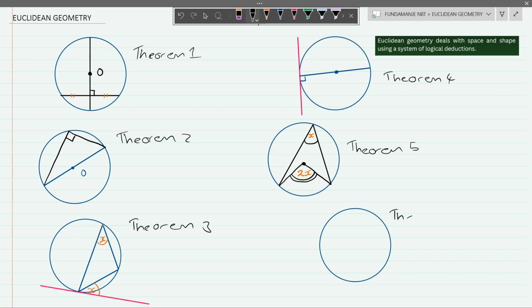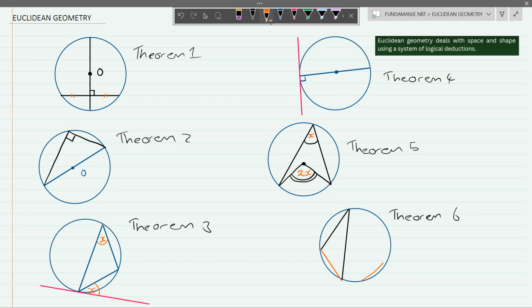Then we move on to theorem number 6, which states that equal chords like that. Maybe let me draw that in a different color, since we're going to draw a chord that is equal to this one on the other side.